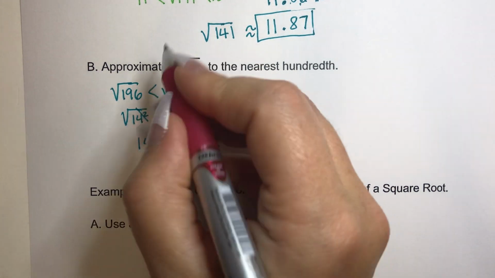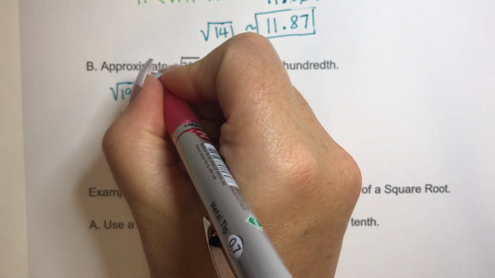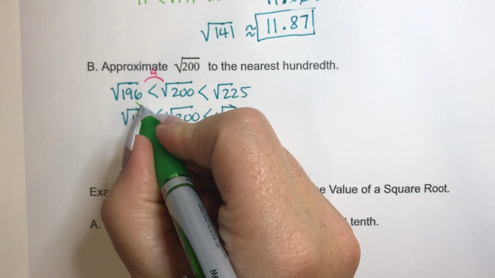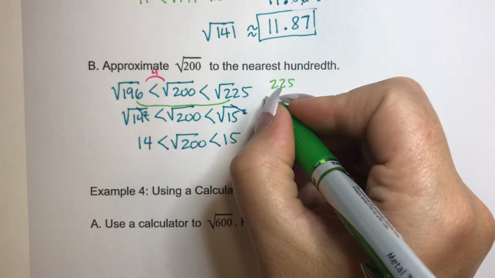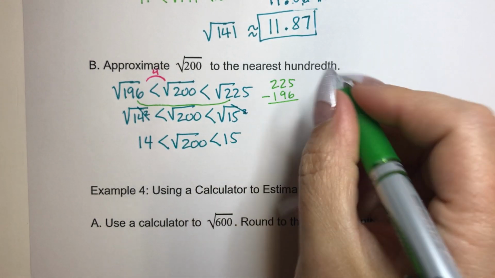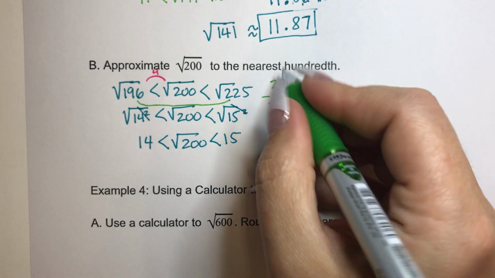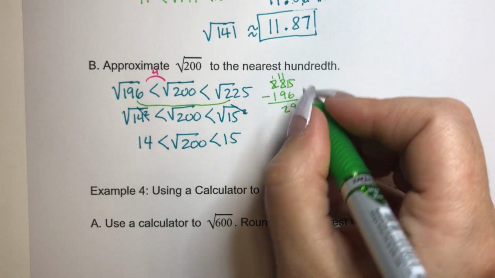First we figure out how far these two are apart, and it's 1. Then we determine how far apart these two numbers are, so I'm just going to subtract them. 225 minus 196: we borrow, that's a 1. 15 take away 6 would be 9. Borrow again, 11 take away 9 is 2, so 29.